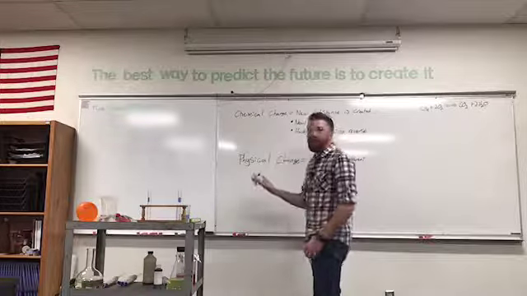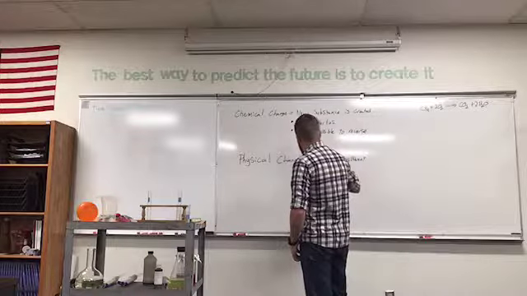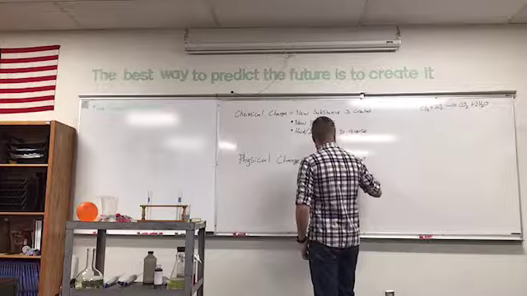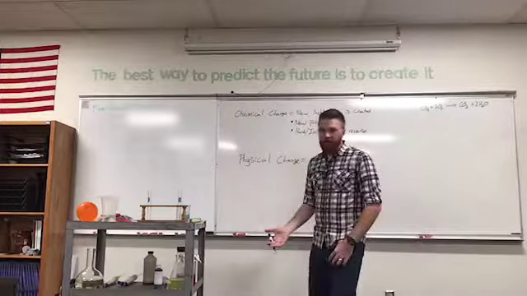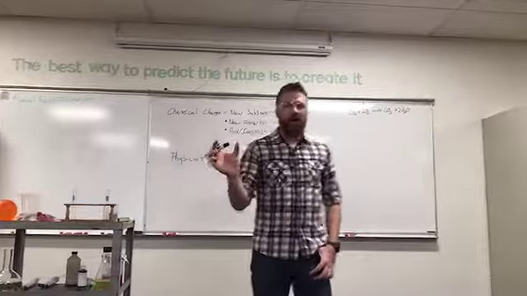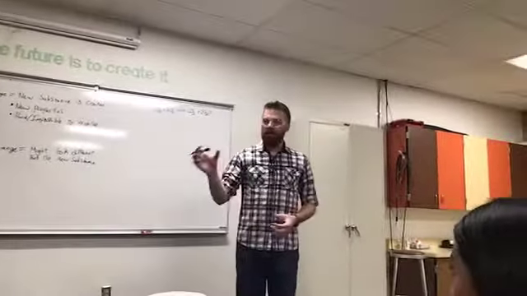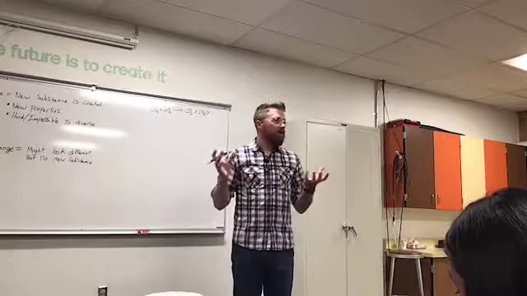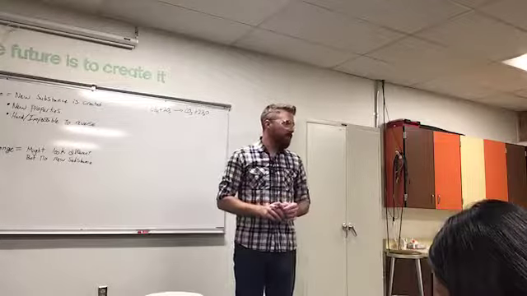In other words, it's changed in some way, but there's no new substance. For example, if we have a solid block of ice and it melts into a liquid, a solid block of ice and a liquid glass of water, they look different, but they're both water. Does that make sense?